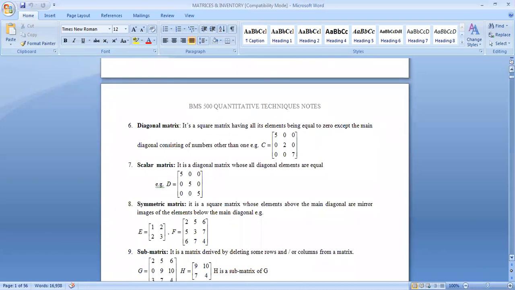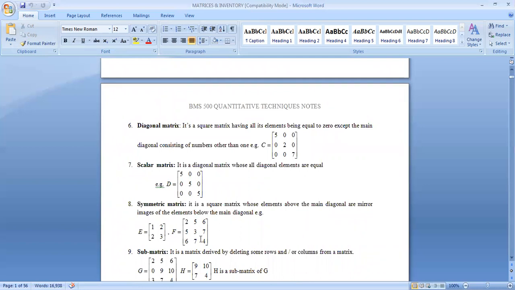Then we have what we call the symmetric matrix. A symmetric matrix is a square matrix whose elements above the main diagonal are mirror images of the elements below the main diagonal. For example, if we take the main diagonal to be our mirror line, you will find that this 5 is going to be reflected here, this 6 is going to be reflected here, and this 7 is going to be reflected.